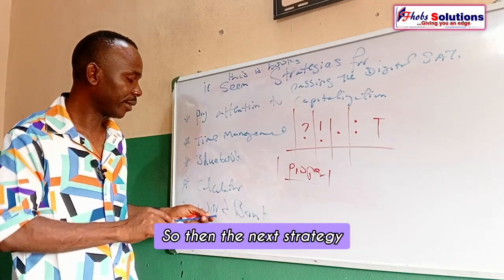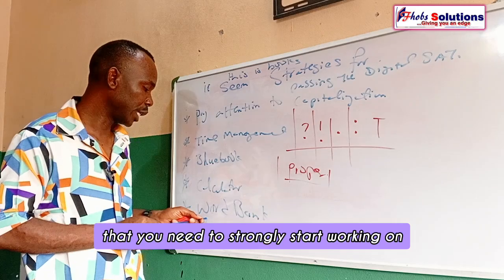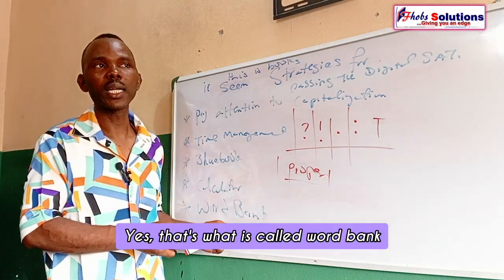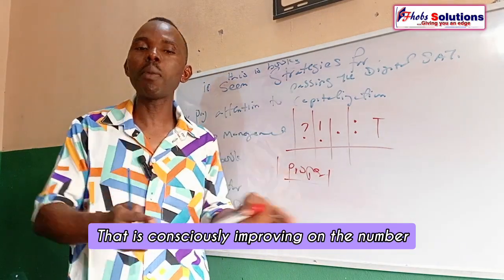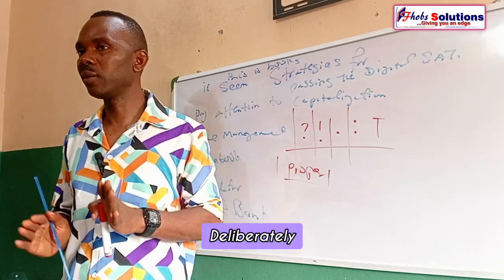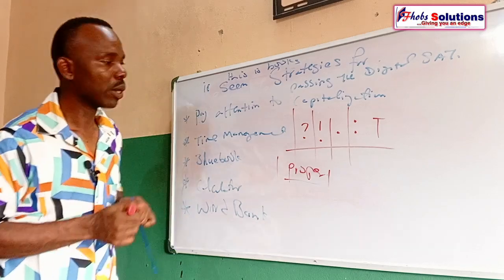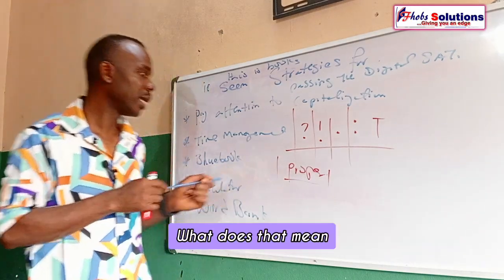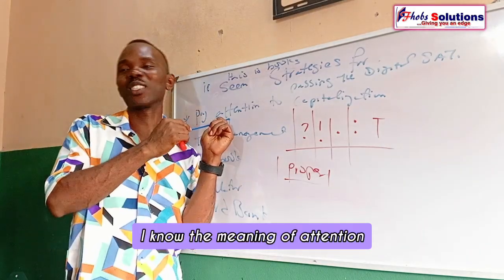So then the next strategy that you need to strongly start working on is building your word bank. Yes, that's what is called a word bank. That is consciously improving on the number of words that you know, consciously, deliberately. And so, what are the ways you can start building your word bank? Number one, you start from the known to the unknown. What does that mean? I know the meaning of attention.